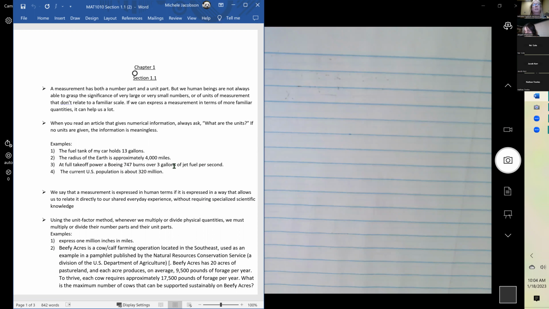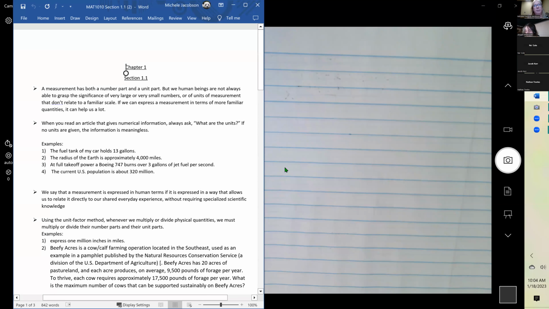Yeah, the units. It's important to have units because otherwise you don't know what they were measuring in. If it's meters or yards, those are pretty close to each other, but a meter is a little bit larger. So if you need to be exact, you need to know what units they're using.